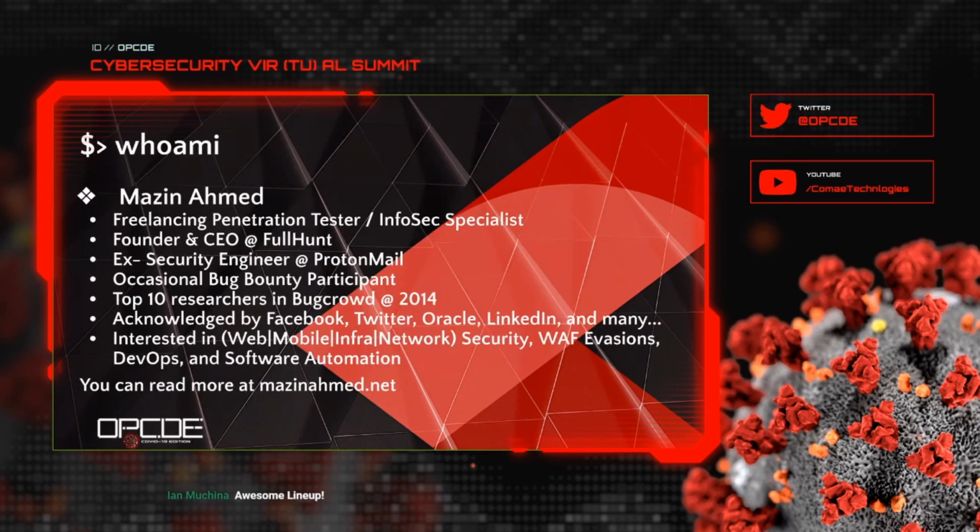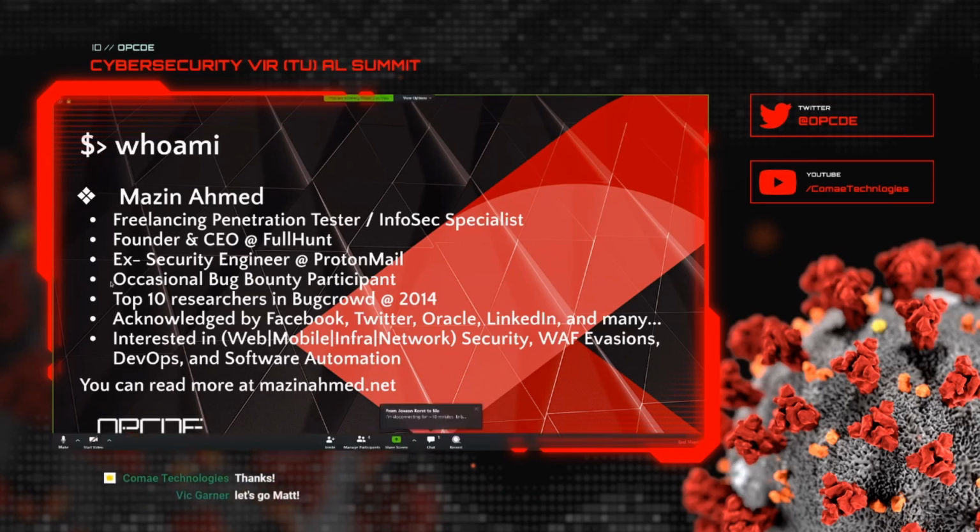My name is Mazin Ahmed. I am a freelancing penetration tester and information security specialist. I also founded Fullhunt, hopefully the next generation vulnerability intelligence platform. Before that, I used to work as a security engineer at ProtonMail, and I'm an occasional bug bounty participant. In 2014, I used to be in the top 10 at Bugcrowd.